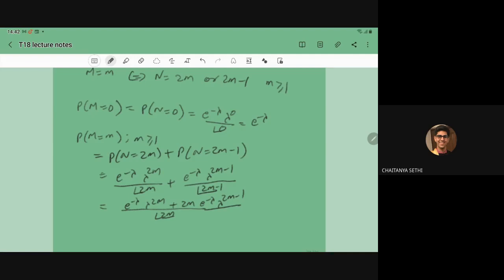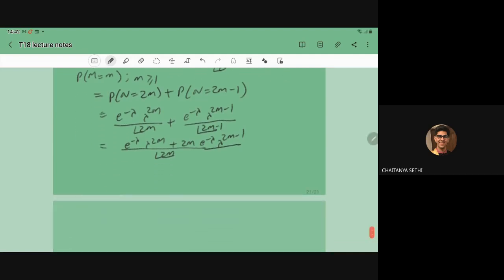This can be written as e to power minus lambda, lambda to power 2m minus 1 upon factorial of 2m, times (lambda plus 2m).